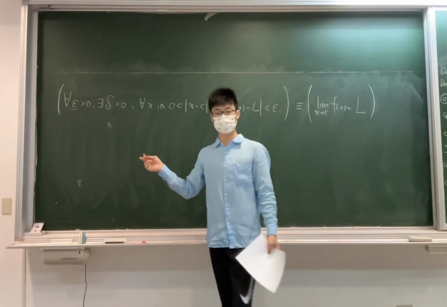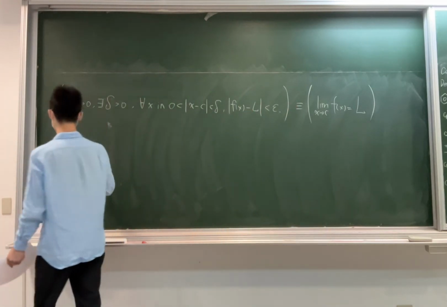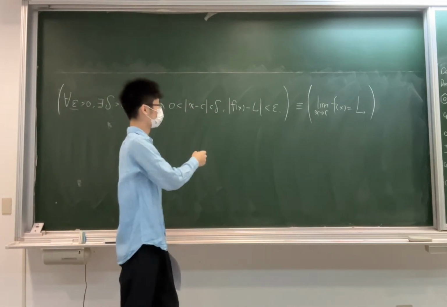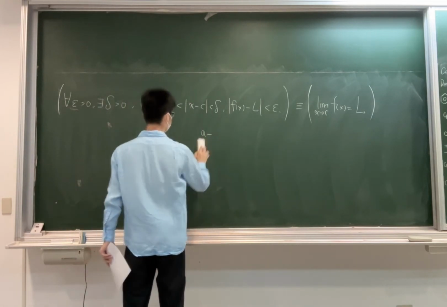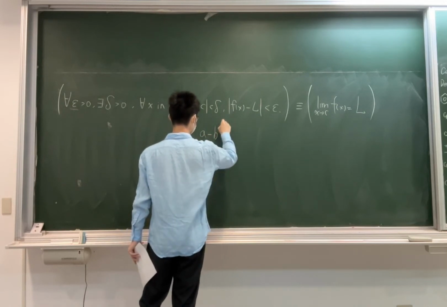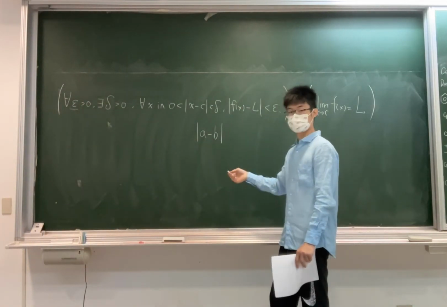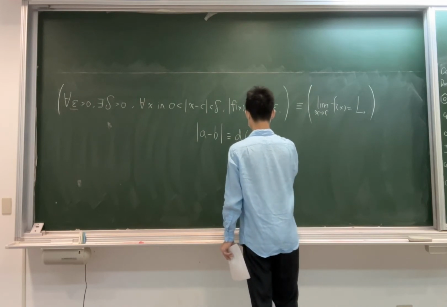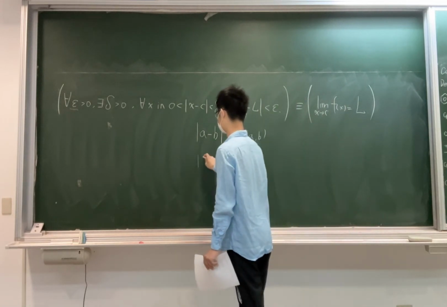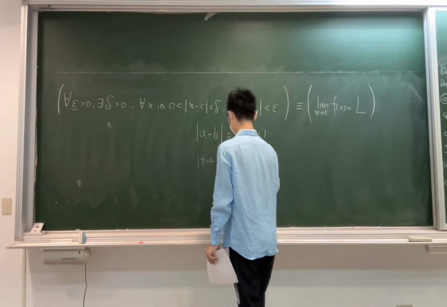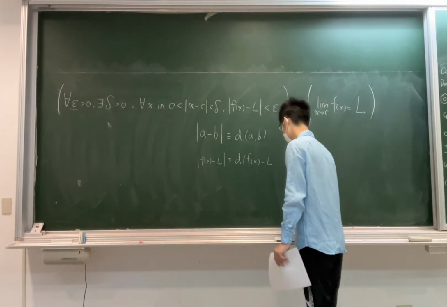Here, epsilon means the distance or the limit of distance between f and L. Okay, you can see here, the absolute value means, if you have A minus B and you put absolute value on it, then this means the distance between A and B. So here we have the distance between f of x and L.